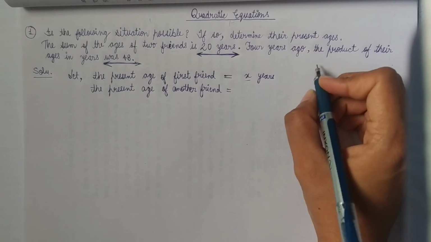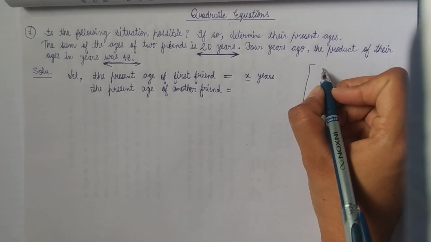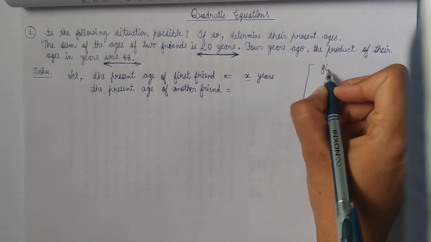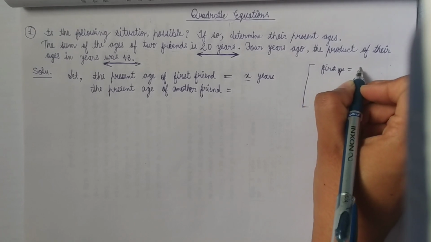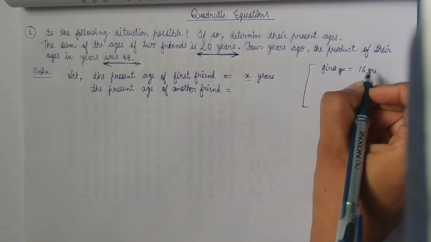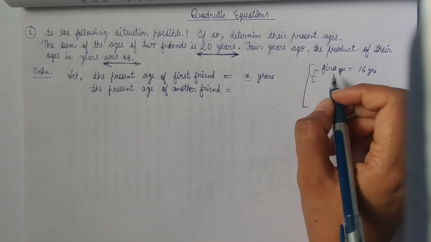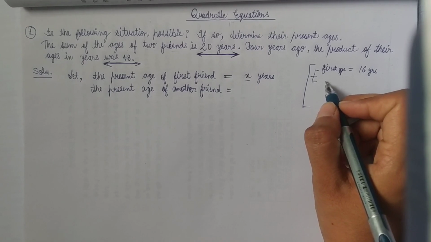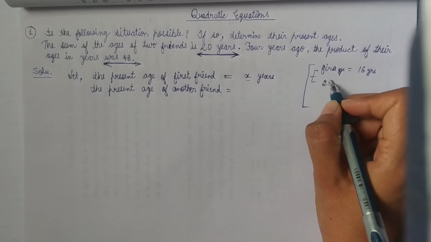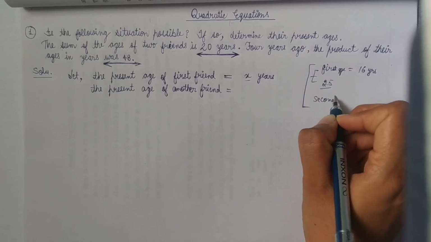For example, if the first friend's age is 16 years and I say that the 2 friends have their sum of ages like 25, the second friend's age will be what?